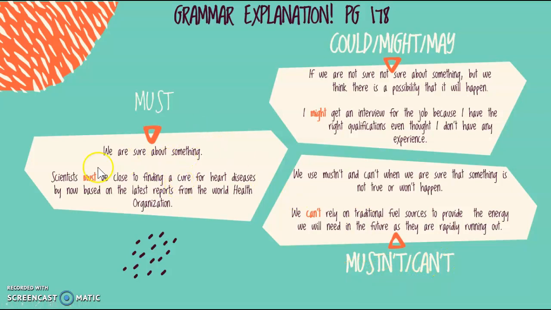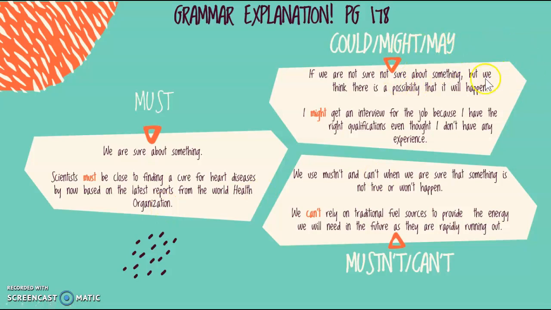We can use must when we are 100% sure about something. Scientists must be close to finding a cure for heart diseases by now, based on the latest reports from the World Health Organization. You have a proof. You are 100% sure it is that way because you have a proof.